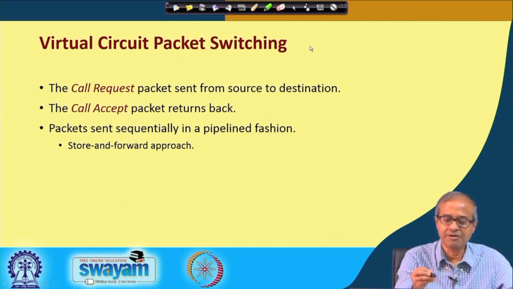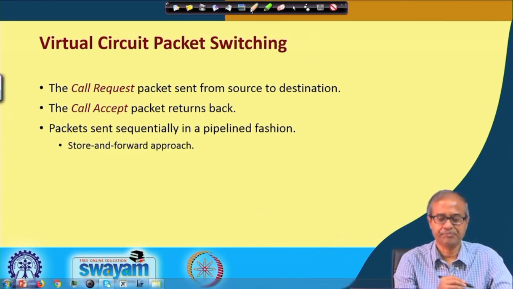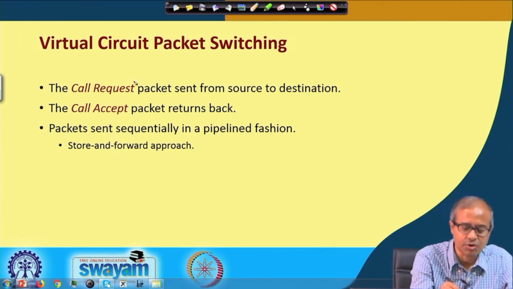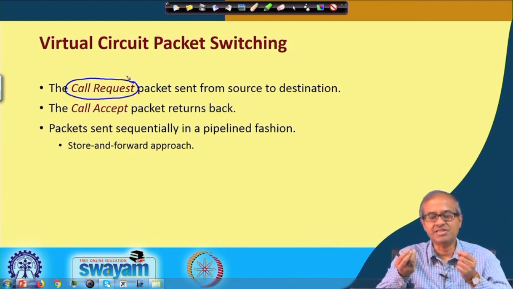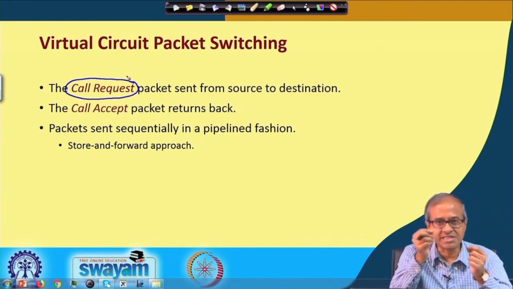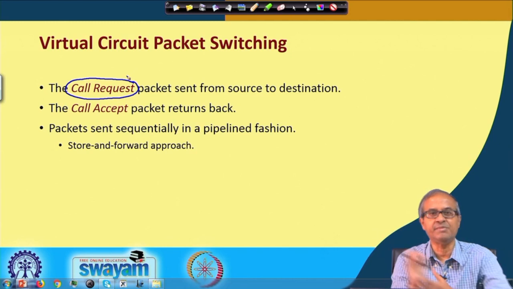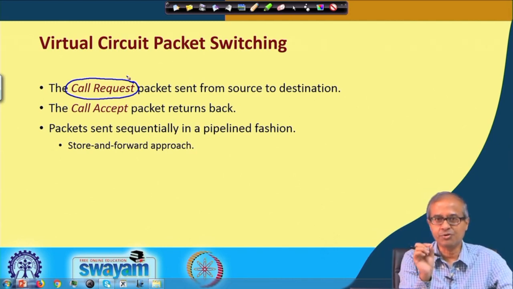Now, talking about virtual circuit, during the initial virtual circuit establishment phase, a special packet is usually sent, which is called a call request packet. I have not gone into the detail. This call request packet is responsible for establishing the virtual circuit and setting up the routing tables of all the intermediate nodes corresponding to this particular virtual circuit number.